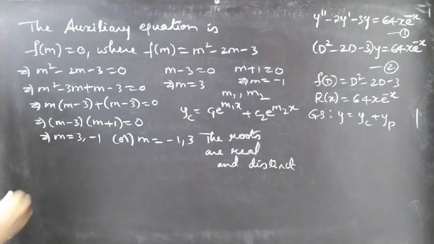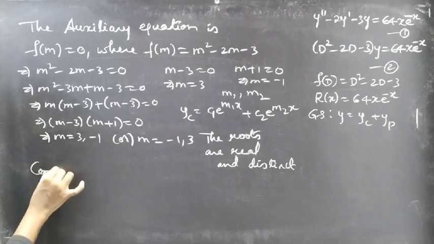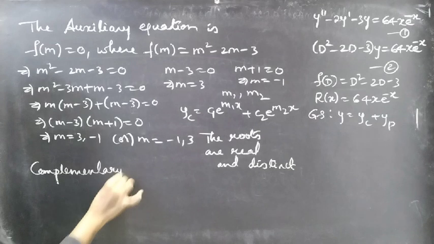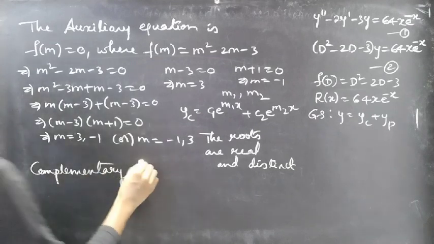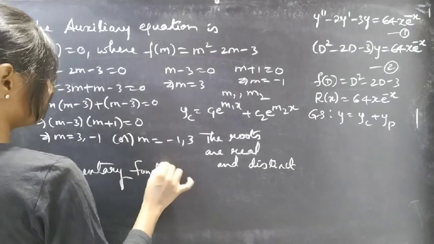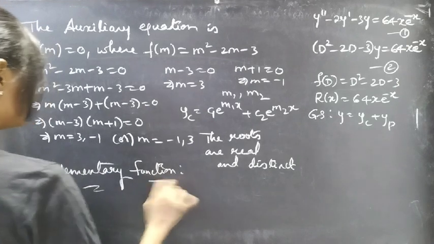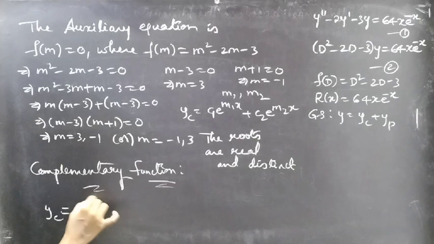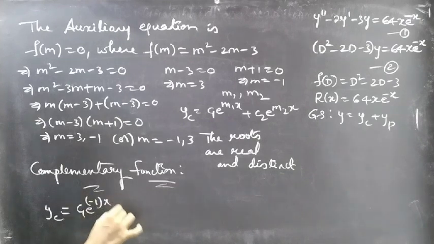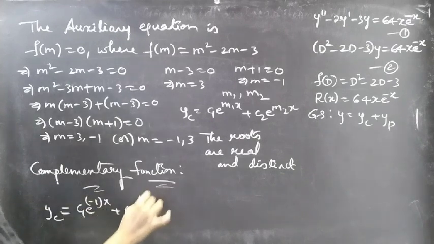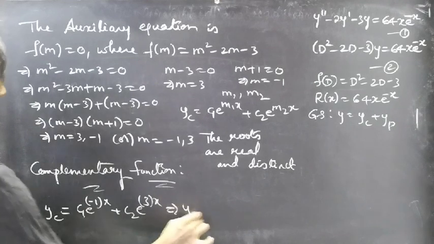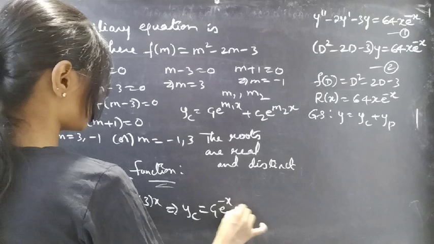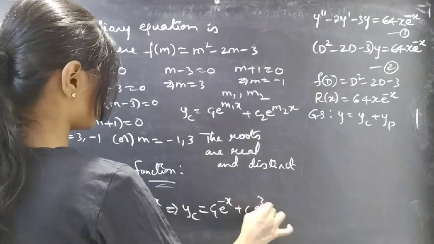Let's now write our complementary function using this. yc = c1 e^(m1 x) + c2 e^(m2 x). This gives us y = c1 e^(-x) + c2 e^(3x).